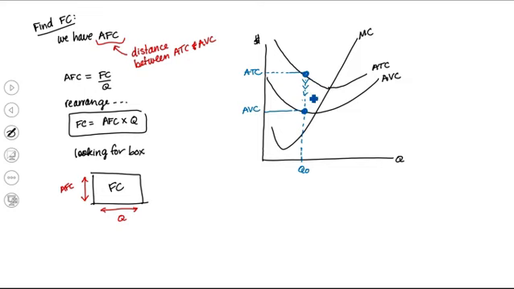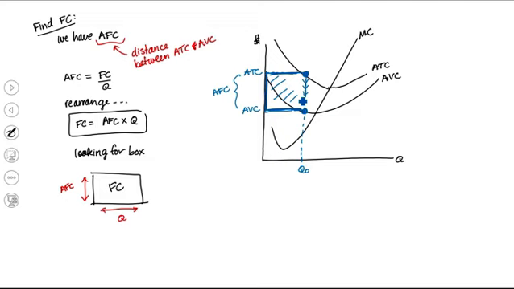This distance right here, which is also this distance right here. So we'd measure it dollar figure that way. So do you agree we have a height here of average fixed cost, and we have a length of Q? So this is our fixed cost box.